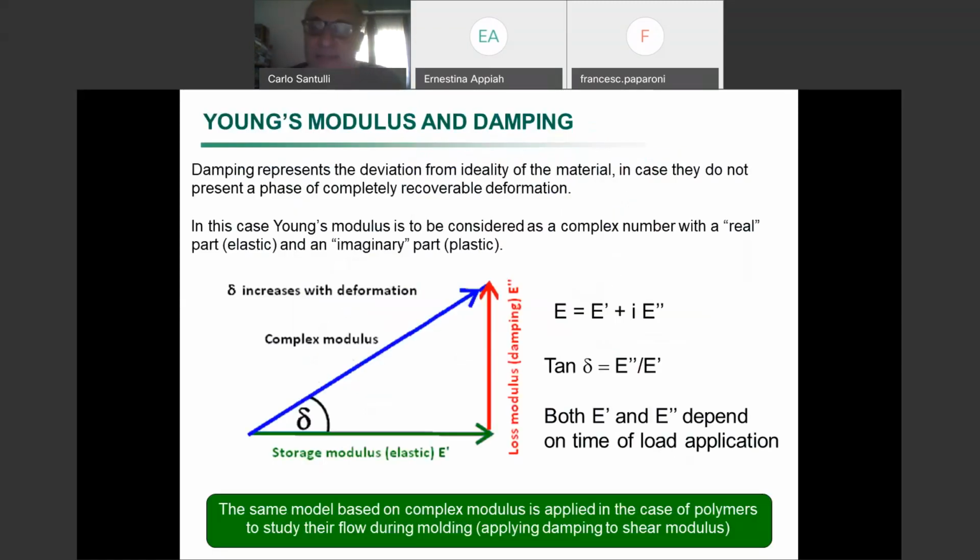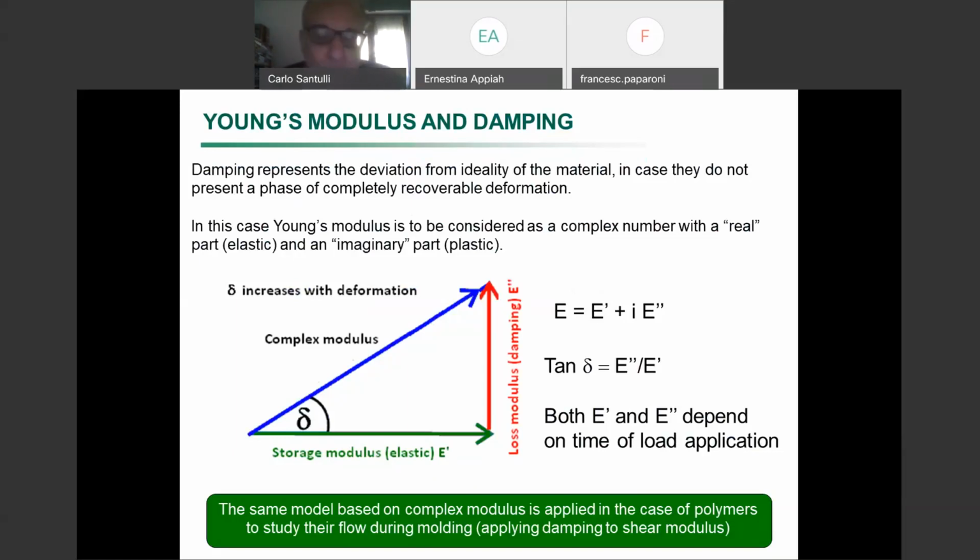In practical terms, we take that into account by considering an elastic modulus which is made of an elastic part and a damping part. So we have a storage modulus, which is the elastic bit, and we have a loss modulus, which is damping, the viscous, viscoplastic bit.